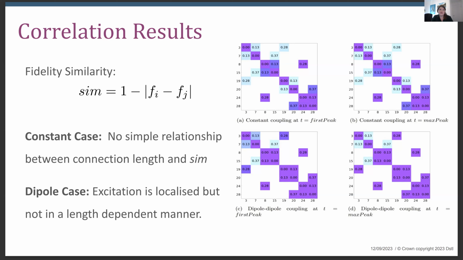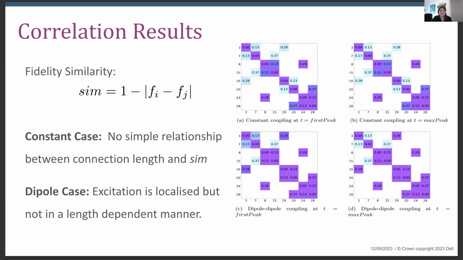If we first look at the left-hand side graphs, which are taken at the first time step of the peak, in the constant case, we expect the length of the connection to have absolutely no effect on the similarity between nodes. Although this is the case in the first row, beyond this we're not seeing these kind of equal rows of similarities.